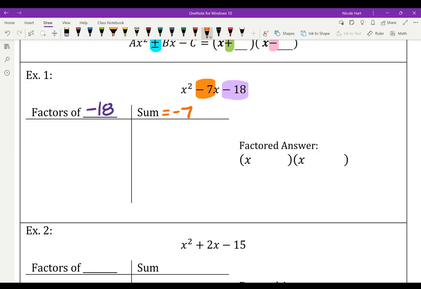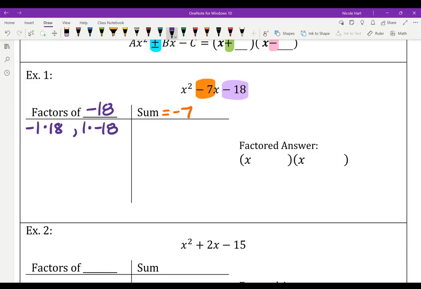Now, if they multiply to equal a negative, that means one number is going to be positive and one number is going to be negative, no matter what. So when we think of our terms, we actually have two possibilities. When we think about 18, you could easily jump to 1 and 18. But when we're thinking about factors, it could be -1 times 18, or it could be +1 times -18.